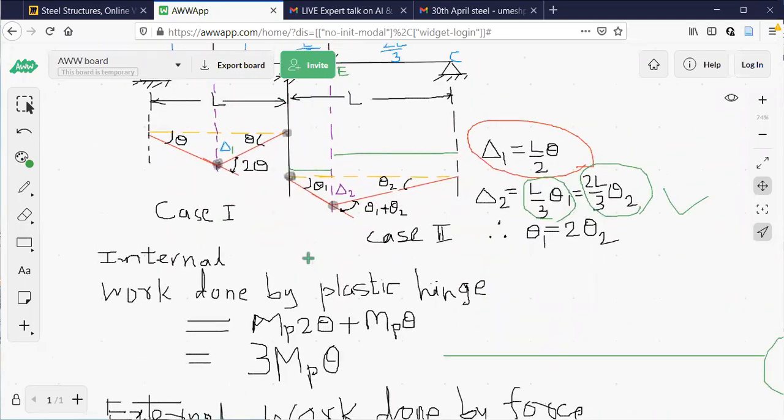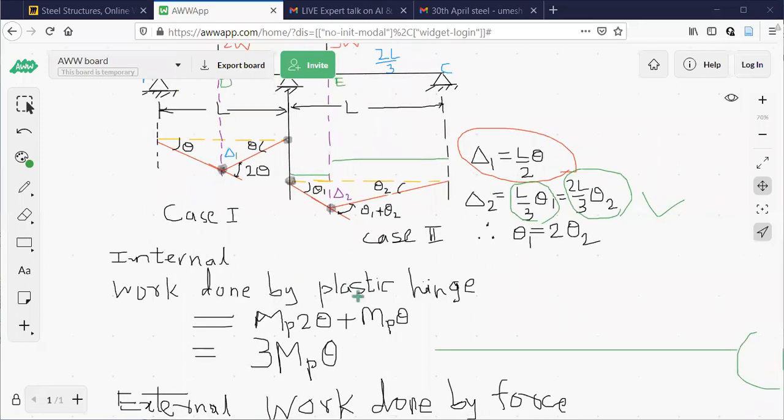Just observe this. Case 1 is related to this triangle, this mechanism. Case 1 is related to the mechanism of span AB. When I say mechanism, it means a sufficient number of plastic hinges are formed and the span is about to collapse. Now see this one, internal work done by plastic hinge.